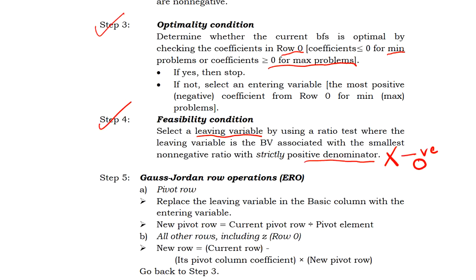So for pivot row, we need to replace the leaving variable in the basic column with the entering variable. And then for new pivot row, we need to calculate a new pivot row equals to current pivot row over pivot element, the pivot value.